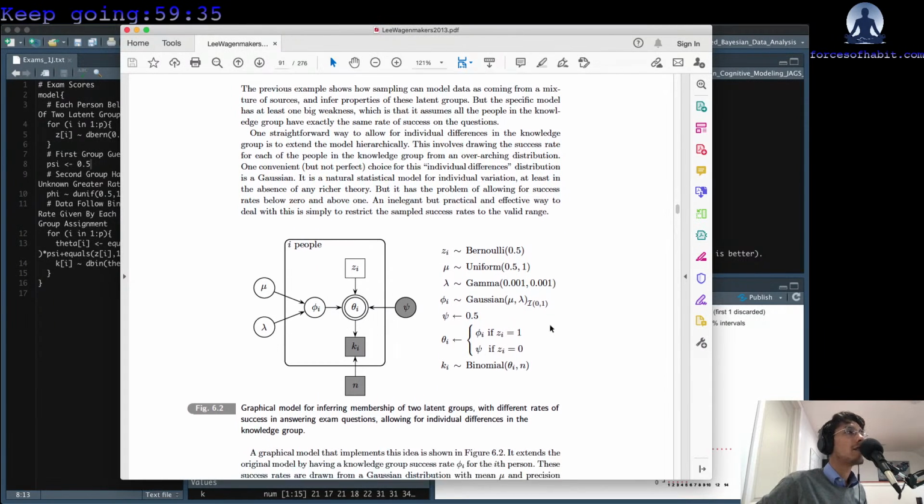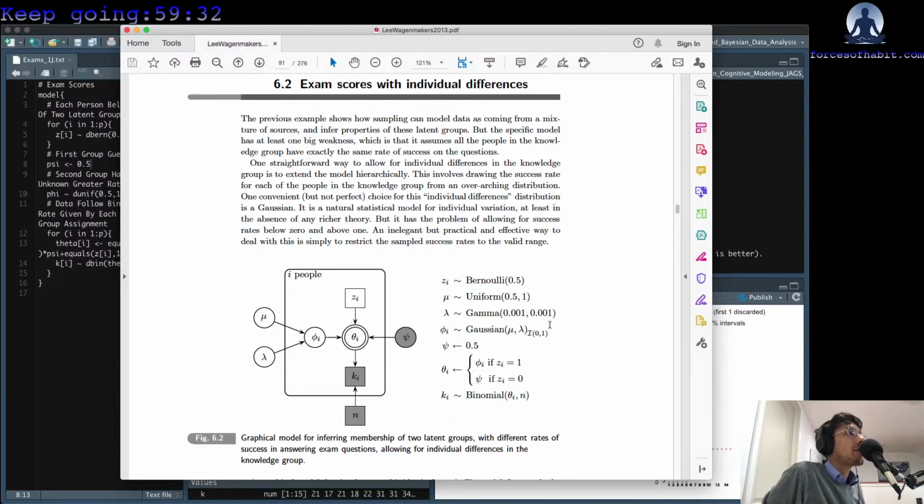Okay, noted. All right. So one straightforward way we can allow for individual differences in the knowledge group is by extending the model hierarchically. If you are aware of mixed effect modeling or multi-level modeling, this would be changing phi to a random effect rather than a fixed effect.